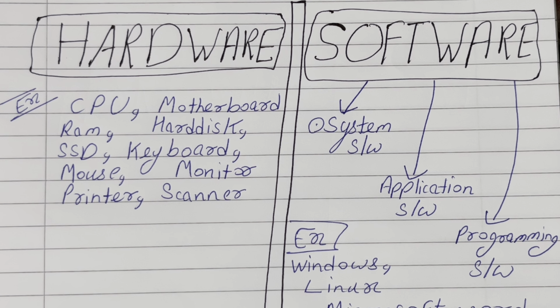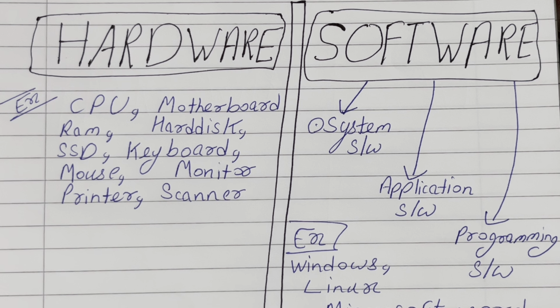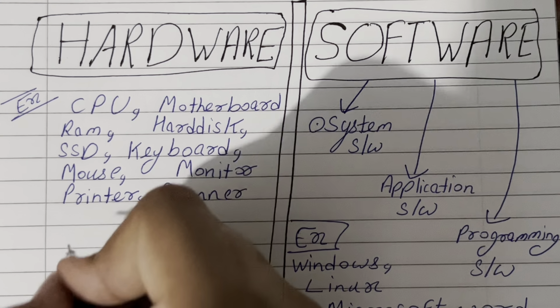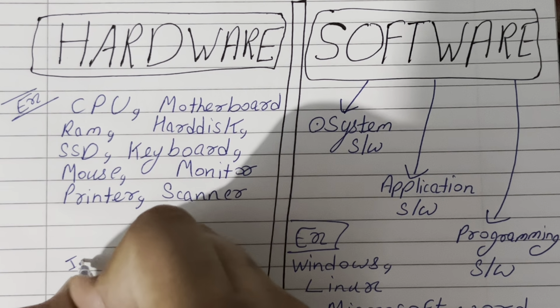Now, guys, let's talk about some subparts of hardware. Hardware can be broadly classified according to the functions performed by different physical components. First is input devices.